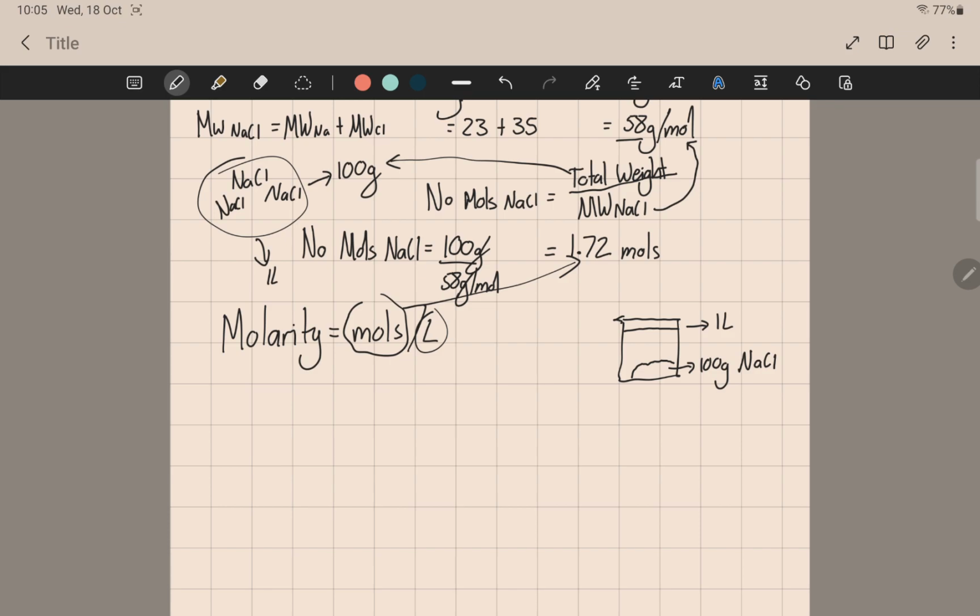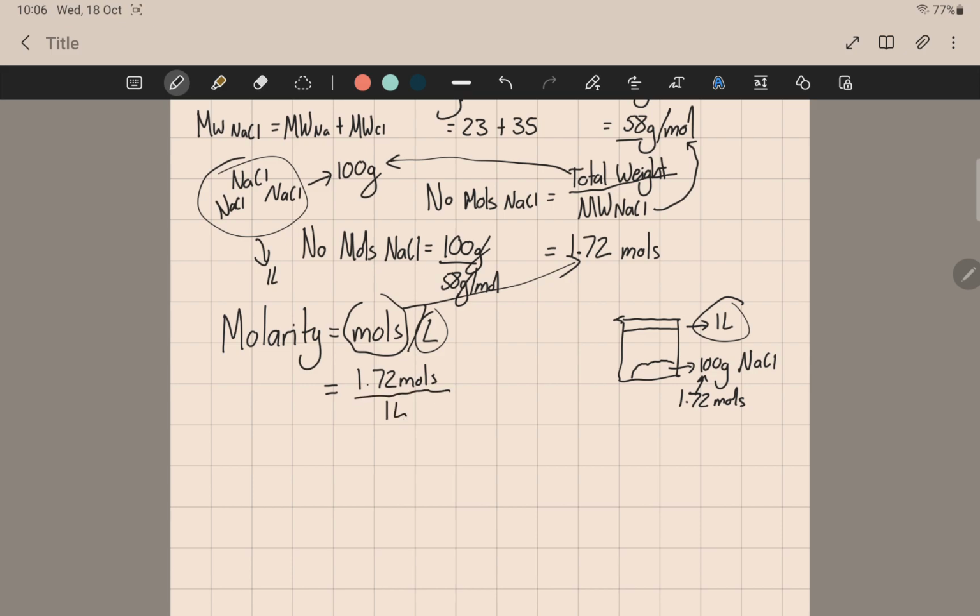All right, well now we've already calculated the number of moles that are in 100 grams of sodium chloride. We calculated that to be 1.72 moles. And we know our volume here, which is 1 liter. So if we put that into our molarity equation, we've got 1.72 moles divided by 1 liter.